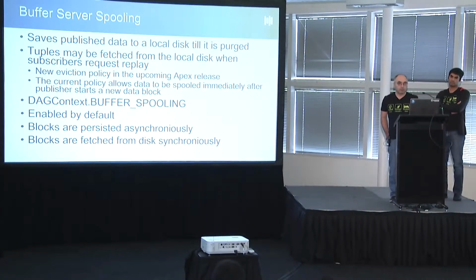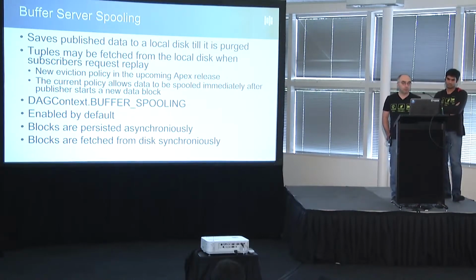And then when a subscriber needs to consume those blocks, they need to be fetched from the disk, and that slows things down. It also means subscribers can be very far behind the publisher.